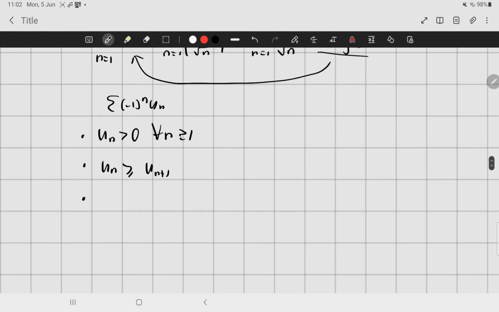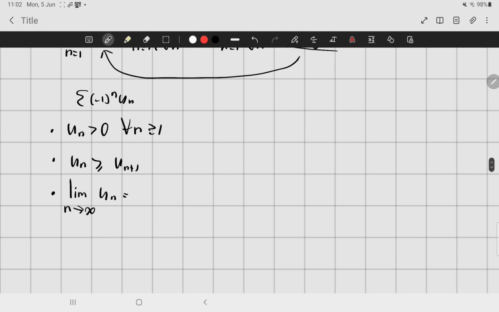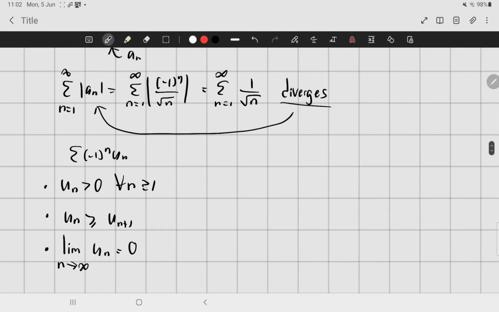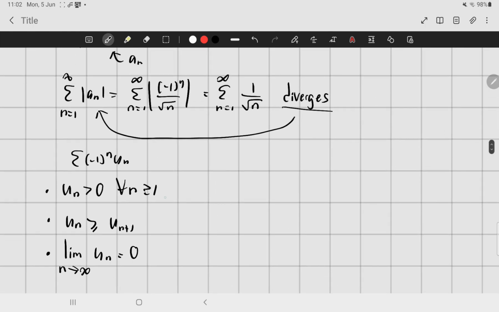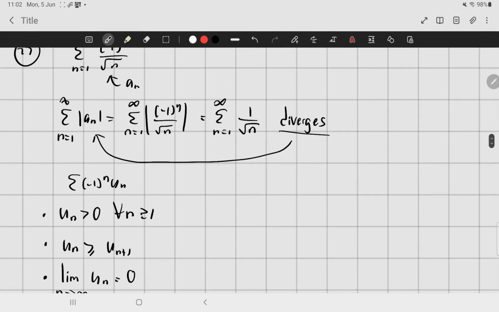And the third one will be that the limit as n approaches infinity of the nth term is 0. If all of these conditions are true, then it converges by the alternating series test.